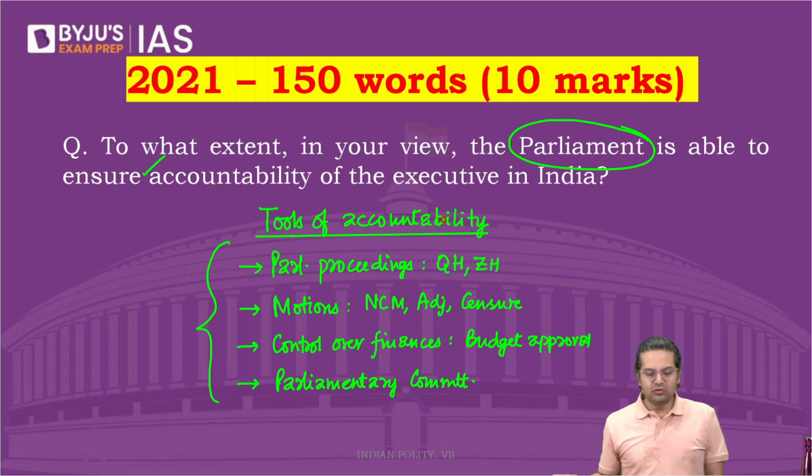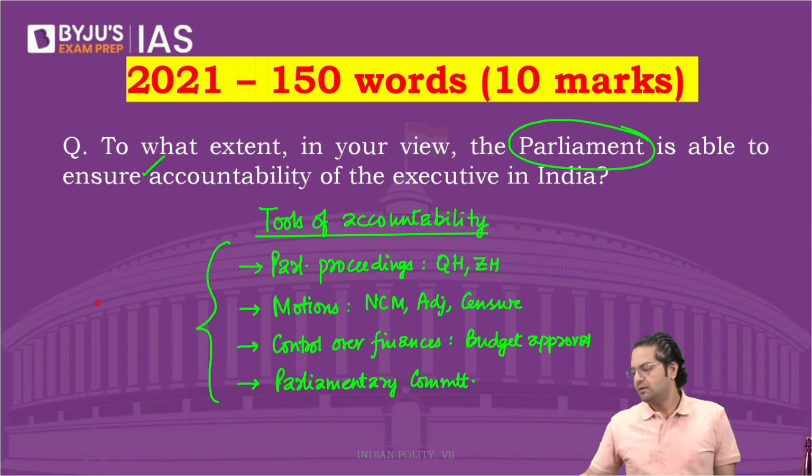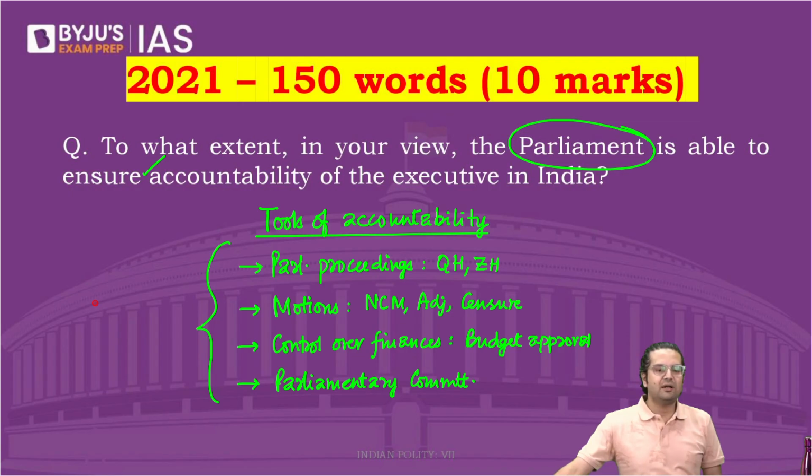These are the tools of accountability, and then you can also check how these tools are being followed or not being followed, for their behavior, their actions and inactions. This is the definition of accountability.